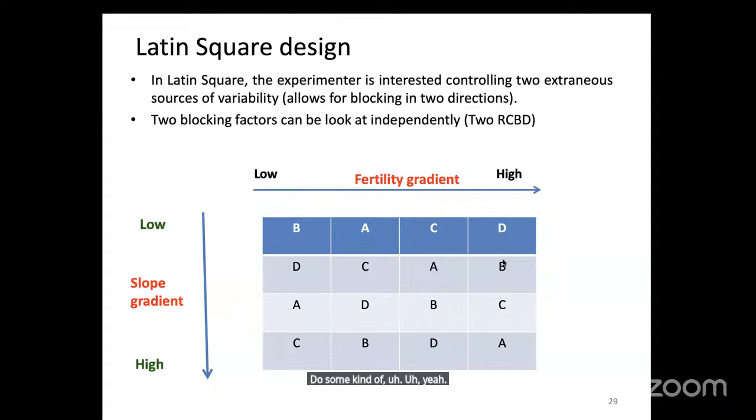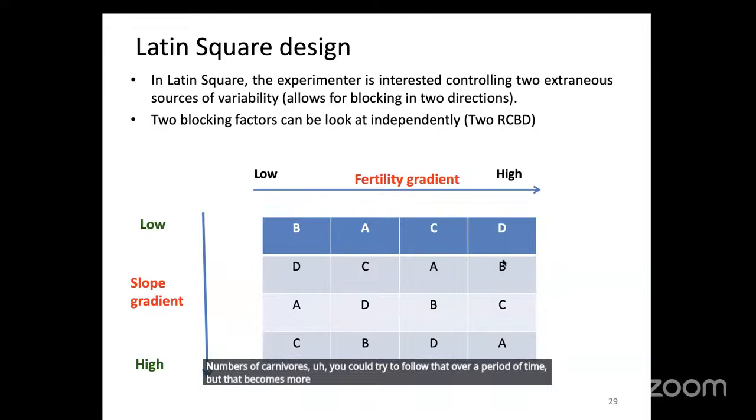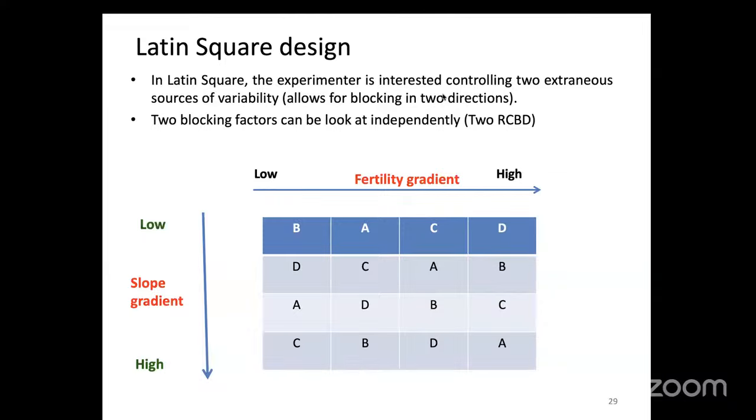What you could do, if you have areas with different numbers of carnivores, is try to follow that over a period of time, but that becomes more what we call a pseudo experiment.